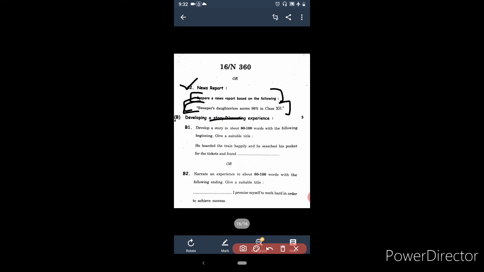There is story writing from the given topic, points or clues, or narrate the experience in 80 to 100 words with the following ending. Give a suitable title. 'I promise myself to work hard in order...' We have to start the paragraph from this ending, and write in 80 to 100 words. This question is for 5 marks.